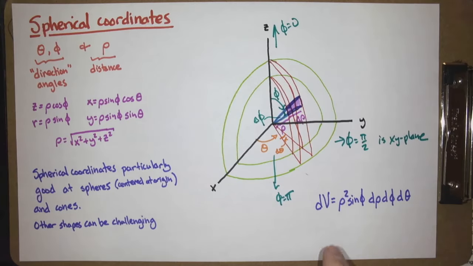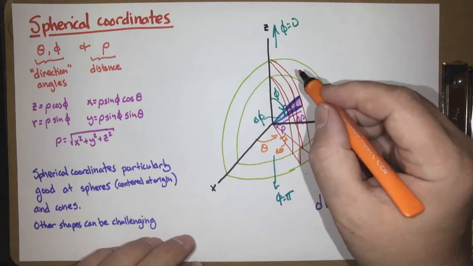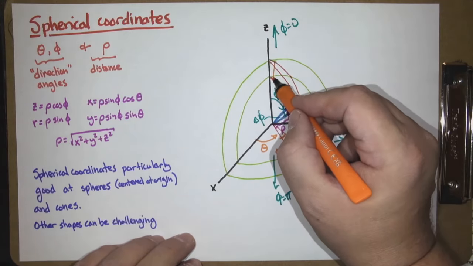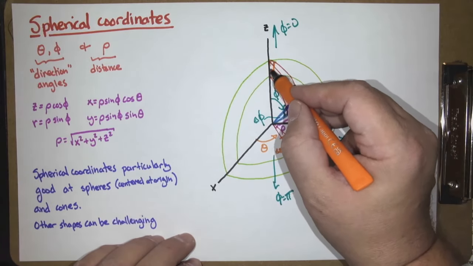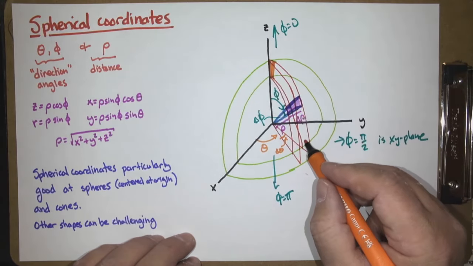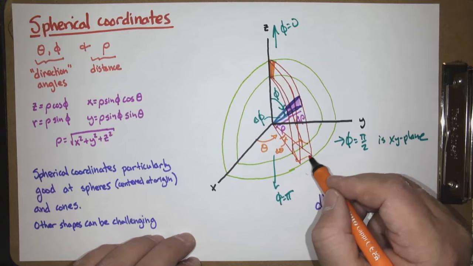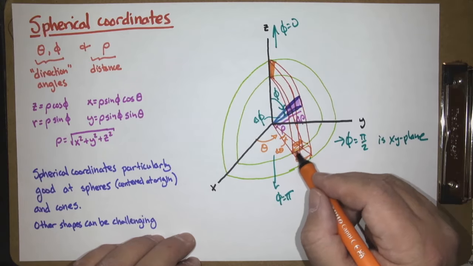Now you might say, okay, but why the sine phi? Well, if phi is very small, I'm up here, this little piece here. Whereas if phi is, say, close to pi halves, I'm down here.